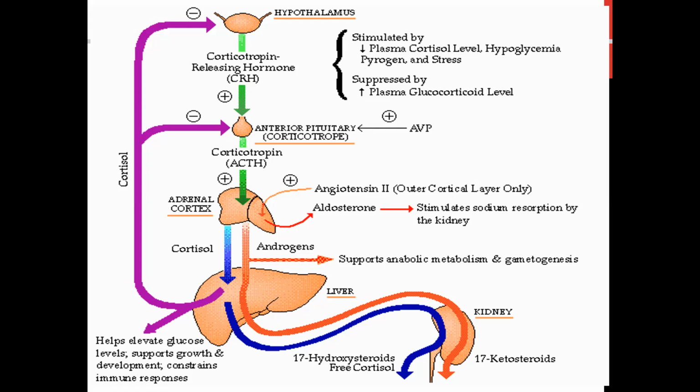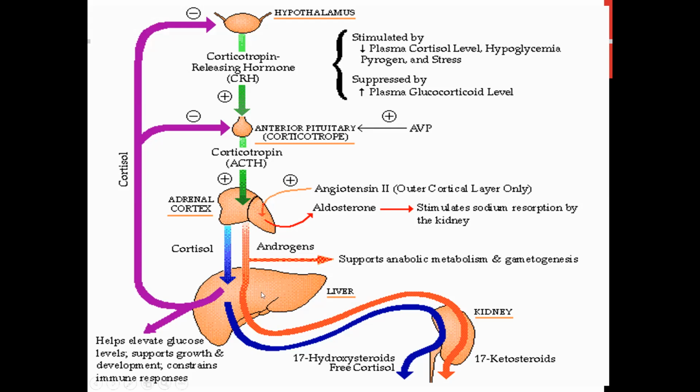Whenever RAAS is activated, it will eventually produce aldosterone. Aldosterone stimulates sodium resorption by the kidneys and also leads to the secretion of potassium and hydrogen ions, which helps in elevating blood pressure and eventually blood volume.